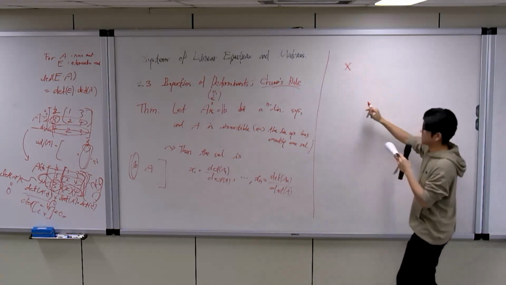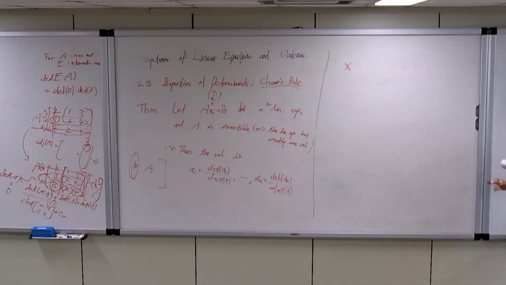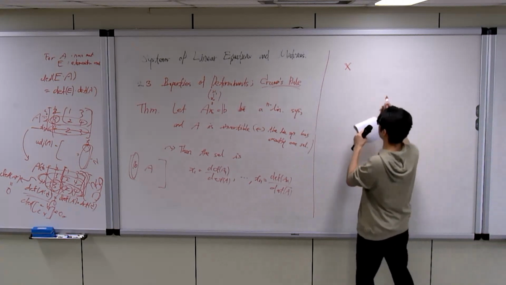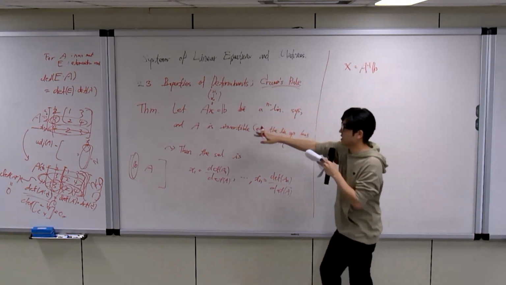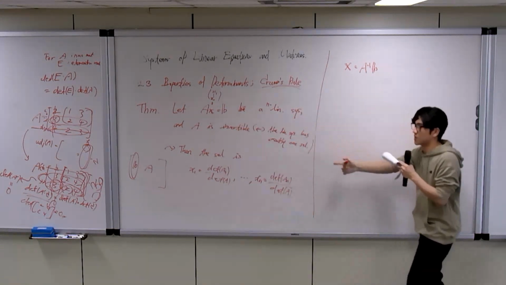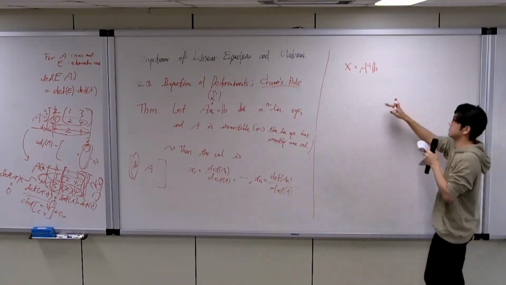I wrote the detailed proof in my lecture notes, so I will go quickly. Since A is invertible, we have the inverse matrix.